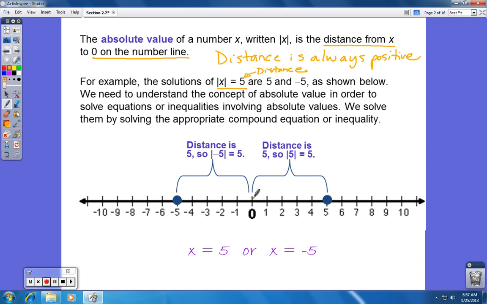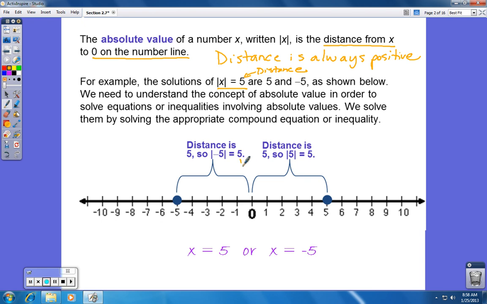So if we take the number 5 and the number -5, notice that both have the same distance of 5 units. The distance from 0 to 5 is 1, 2, 3, 4, 5. And the distance to -5 is also 1, 2, 3, 4, 5.